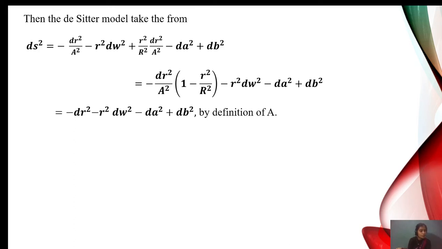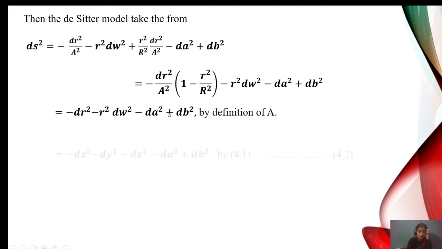Then the minus sign is common, 1 minus r square upon capital R square, giving minus r square dw square minus dA square plus dB square. Then by definition of a, we get dr square minus r square dw square minus dA square plus dB square.